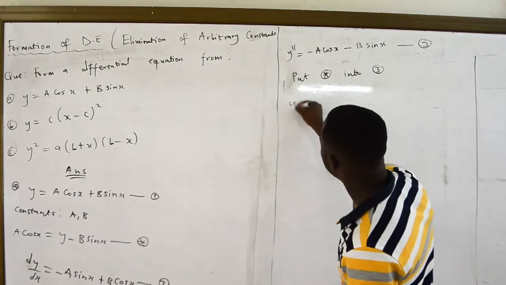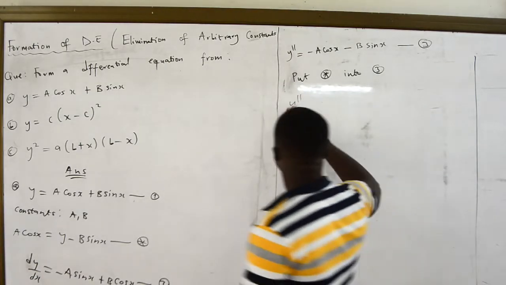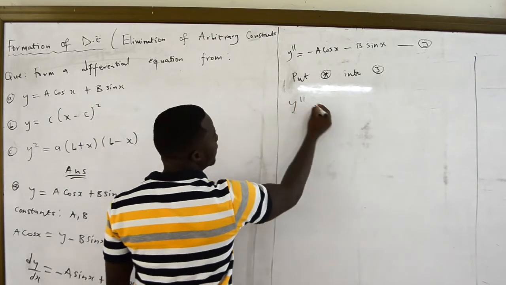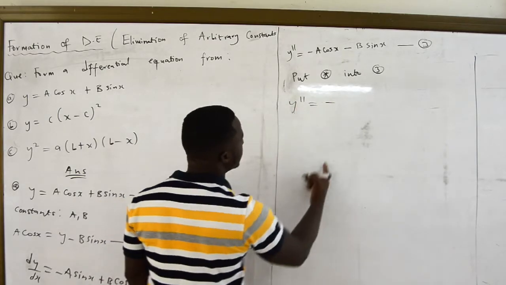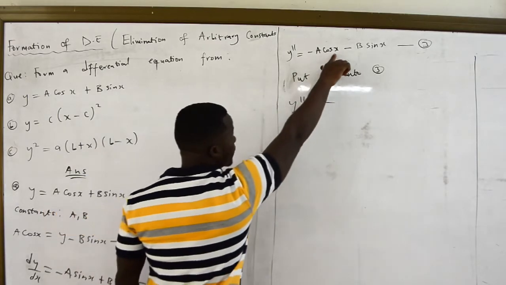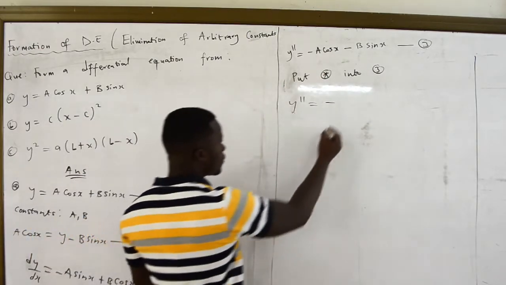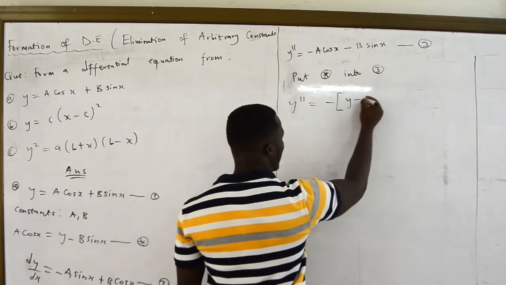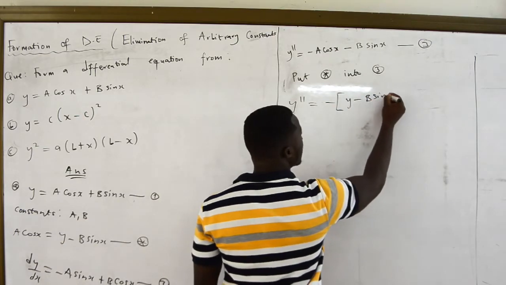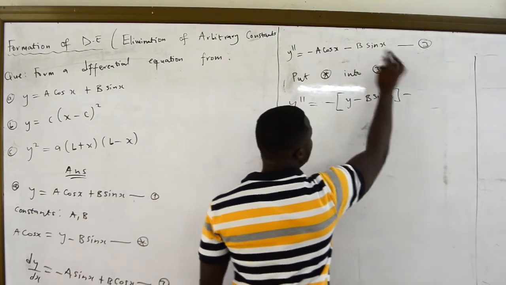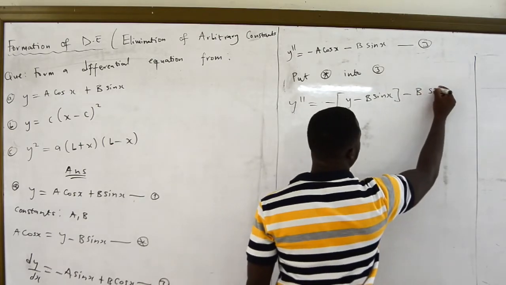So I'll have my y double prime is equal to negative, there's negative here, a cos x, which is y minus b sin x. So I'll have something like negative of y minus b sin x, minus b sin x.